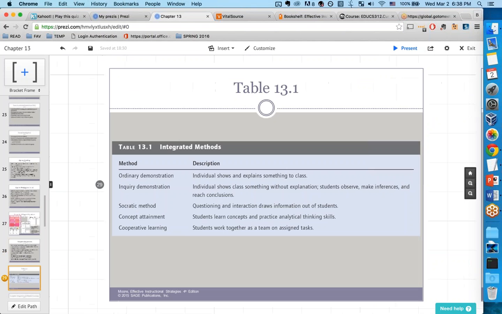All right, so at this point, let's review some of the concepts that we learned. Well, we learned about demonstrations, but there are two different types of demonstrations: ordinary and inquiry. In ordinary, an individual shows and explains something to the class. Typically, a teacher would be doing this.